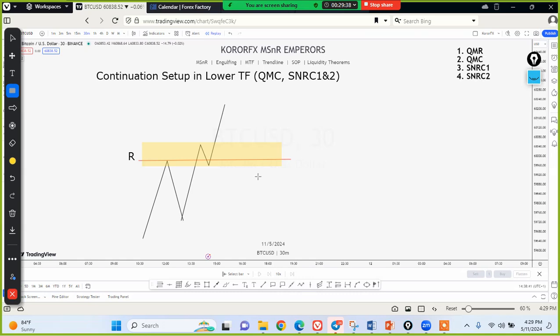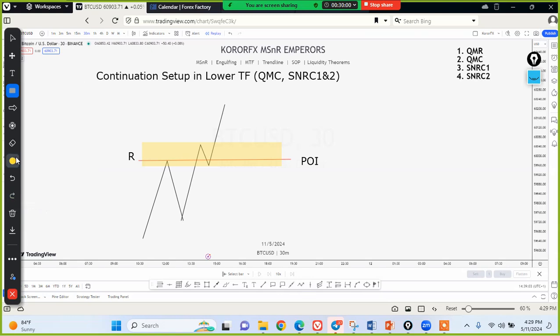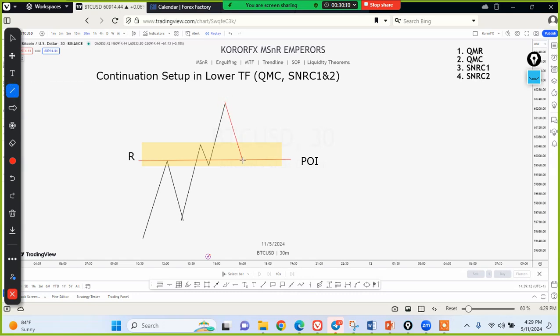This point of break where the price broke becomes the point of interest, because that line is where you are expecting the price to come back and touch it in order to buy. Price will come back to the zone by touching the SNR level and then buy off there.